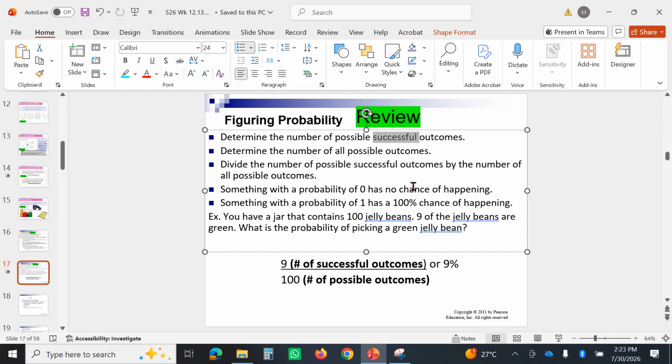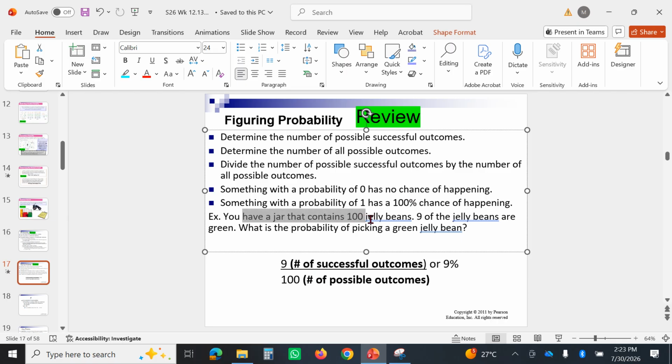I'm not looking for a number greater than 3. Determine all the possible outcomes. Divide the number of possible successful by the number of all. Something with a probability of 0 has no chance of happening. Something with a probability of 1 has a 100% chance of happening.